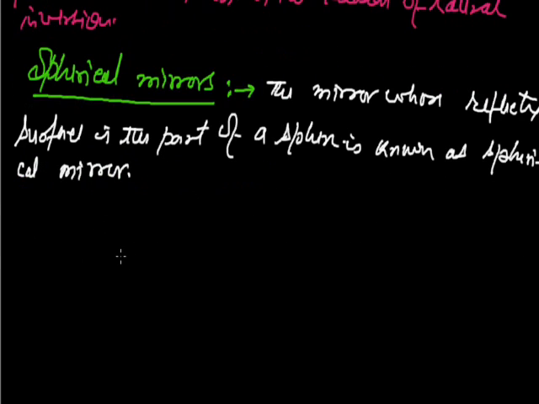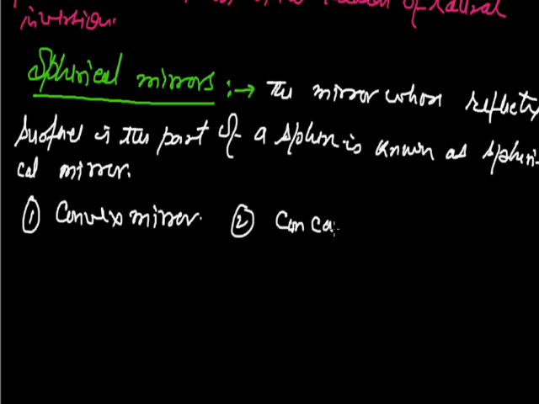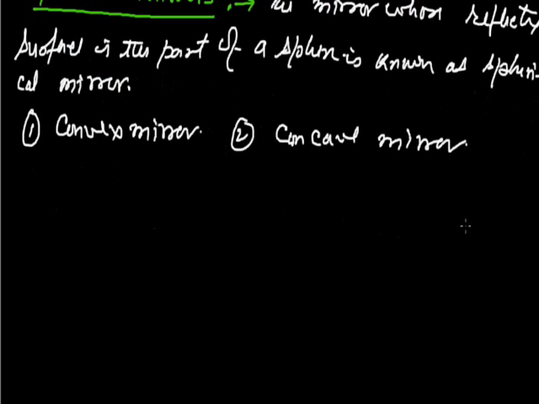According to the type of reflecting surface, these mirrors are divided into two parts. The first one is the convex mirror and the second is the concave mirror. This one is a sphere. It is polished on this AB part.